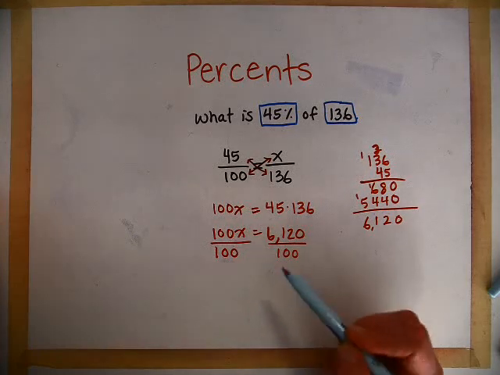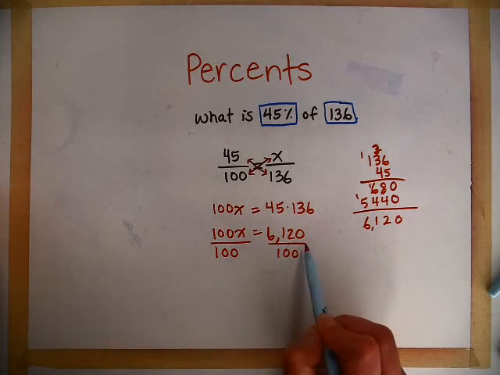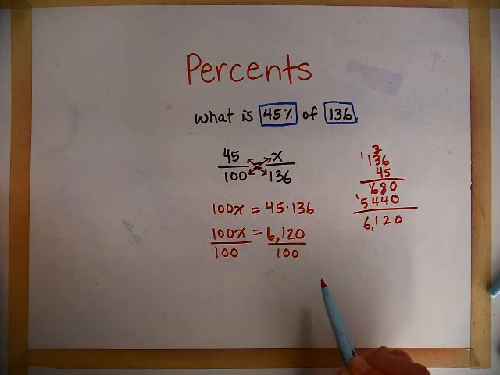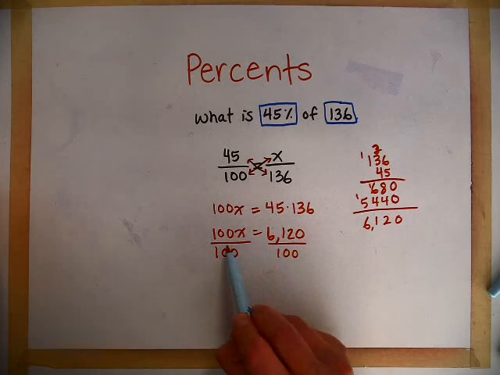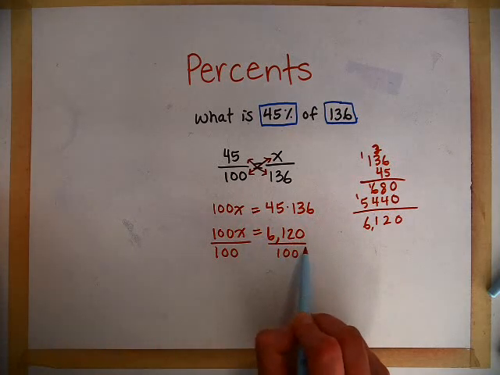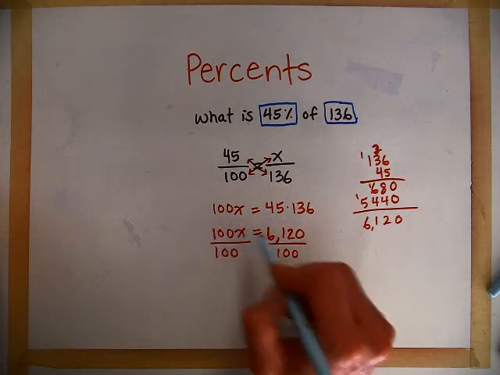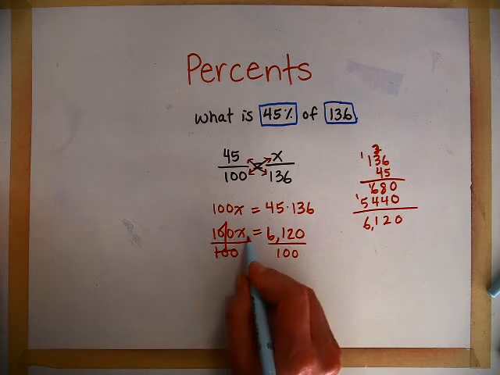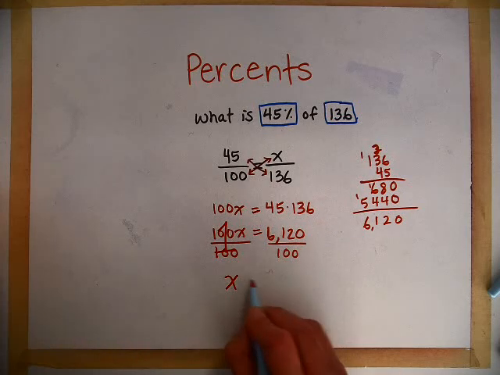If I'm going to divide this by 100, and that's what this means, divided by 100. Remember, all fractions are division problems. If I'm going to do it over here, I have to do it over here because whatever you do to one side of the equal sign, you have to do to the other side to keep them equal. So 100 divided by 100 just equals 1. That equals 1x, which is the same as x because 1 times anything is just that thing.